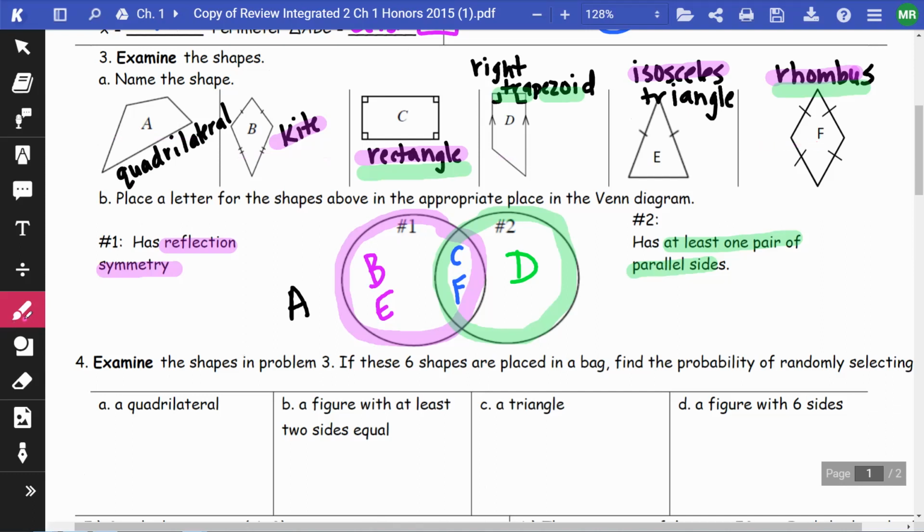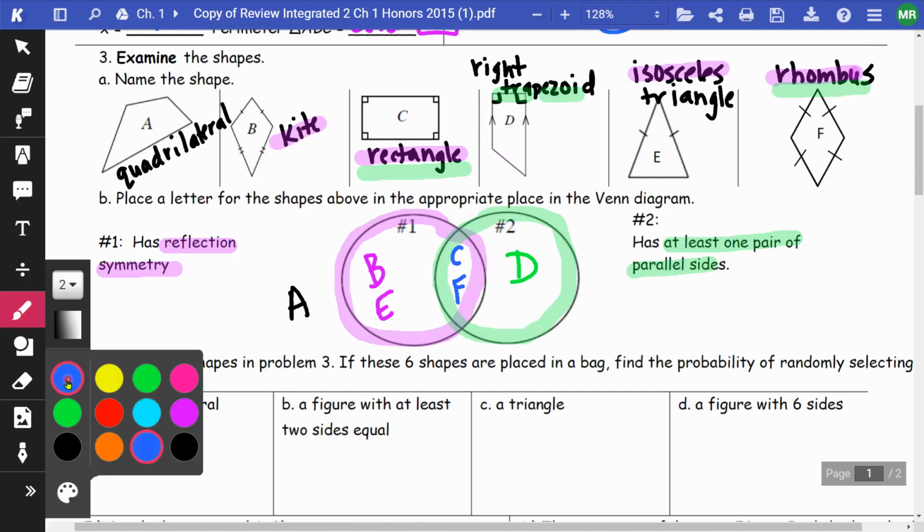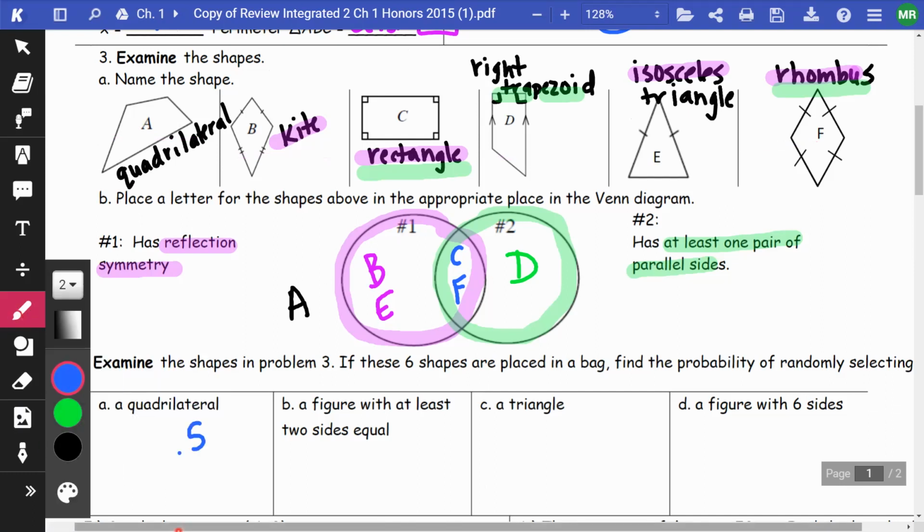So we have 5 out of 6. A figure with at least two equal sides. Okay, so the ones that have at least 2 equal sides. Let's see, not a quadrilateral, a kite, a rectangle, so that's 2, an isosceles, so 3, 4 for a rhombus. So that's going to be 4 out of 6.